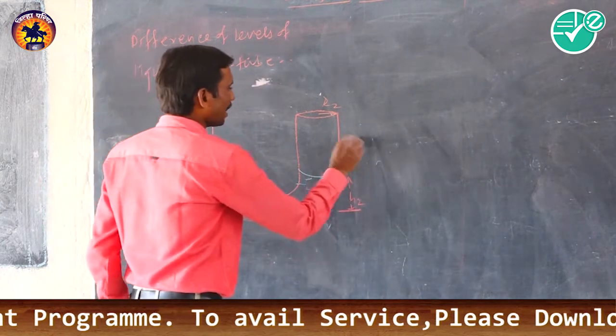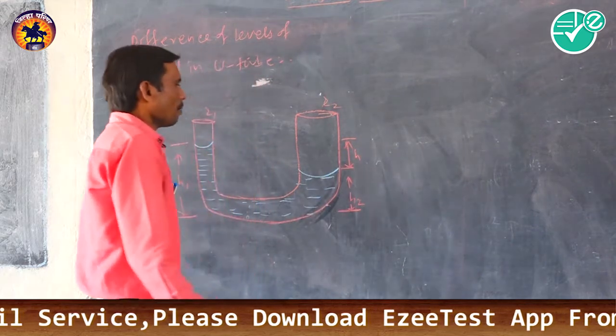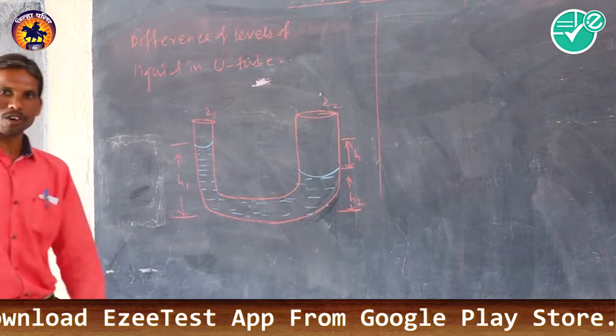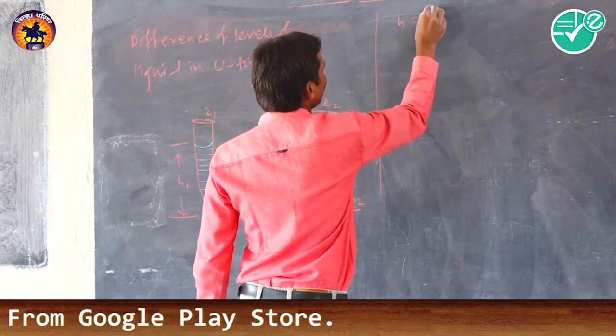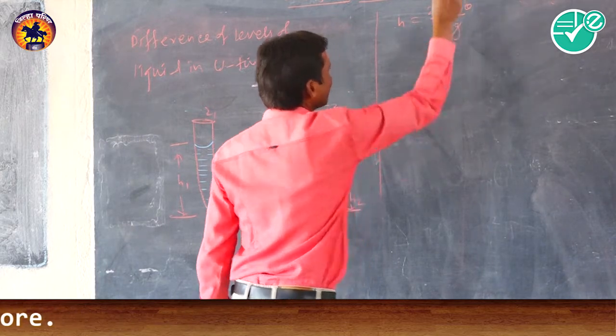So the level difference is obviously H. But according to the expression for the rise of liquid in a capillary, H is equal to twice T cos θ divided by R ρ g.